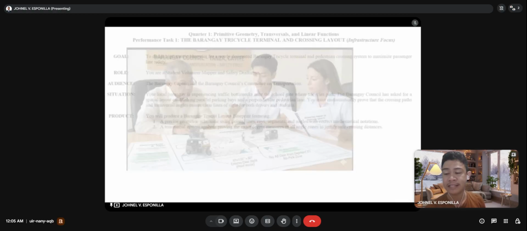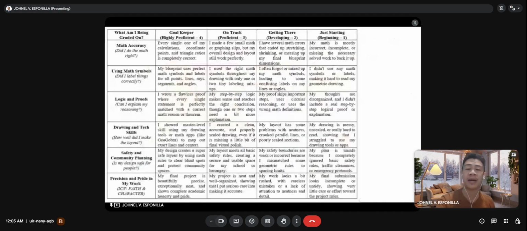So before you begin, let's look at the rubric together so you know exactly how to get a perfect score of 4, which is the goal. For the math accuracy, the question is: did you calculate your geometric properties correctly?